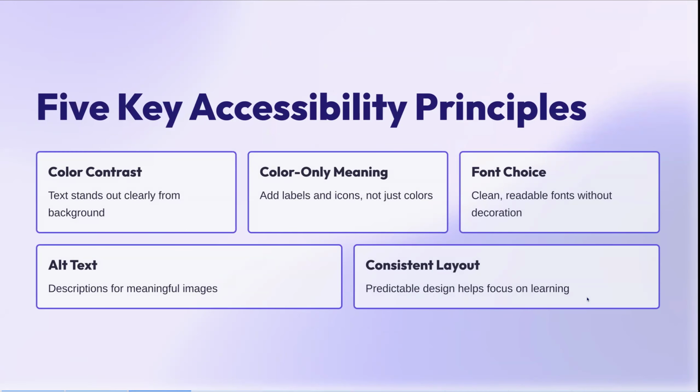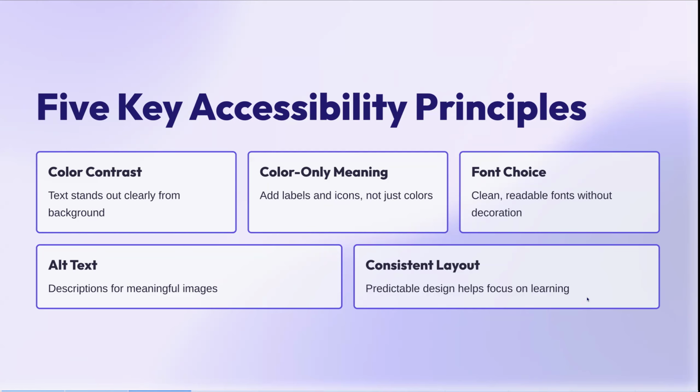This slide outlines the 5 foundational principles for accessible slide design. Color contrast. Text should stand out clearly from the background. Color only meaning. Don't rely on color alone to convey meaning. Font choices. Use clean, readable fonts without decoration.